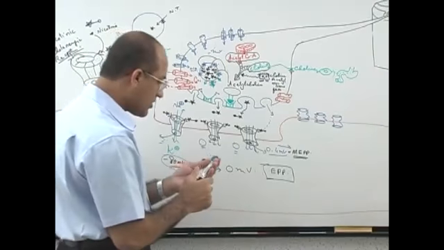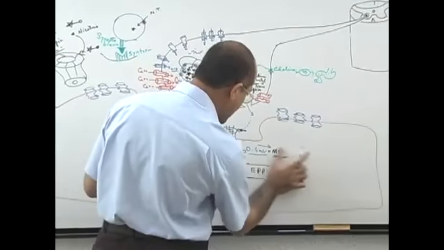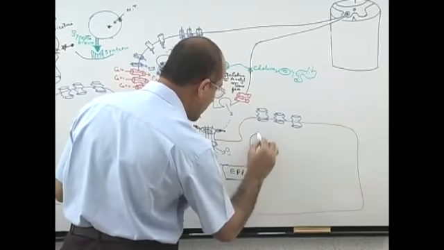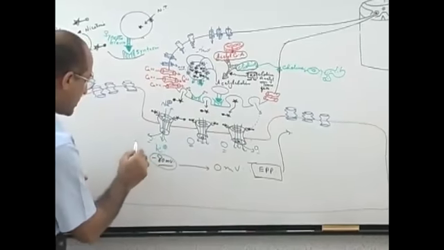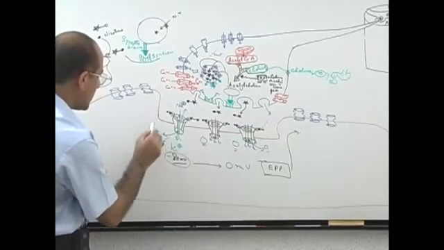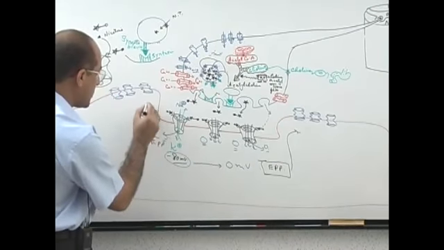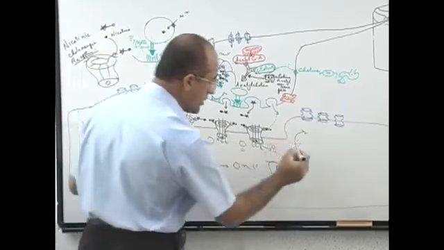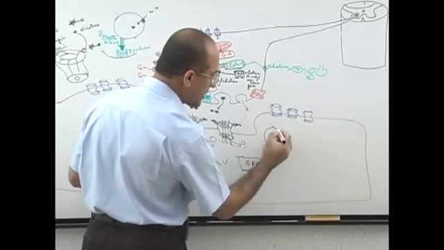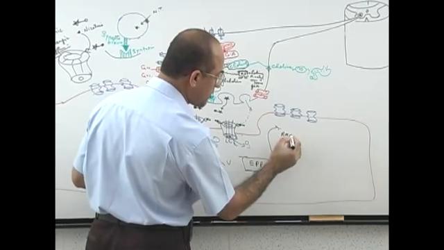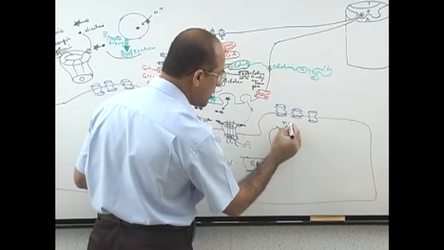Is that right? So I can write here that the end plate potential here and here will take the resting membrane potential on the flanking region up to threshold potential.